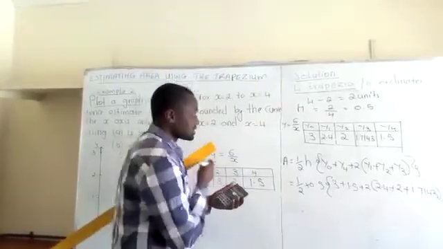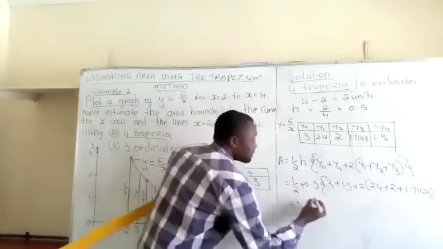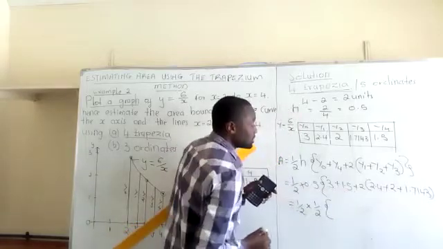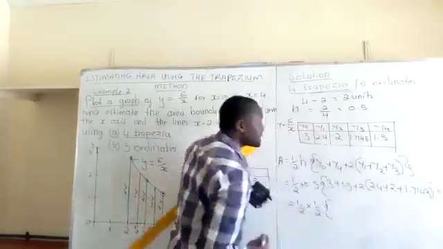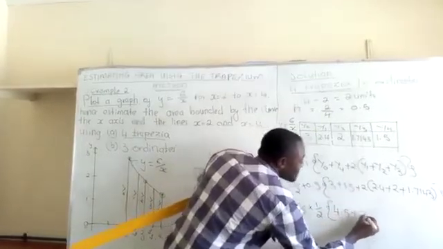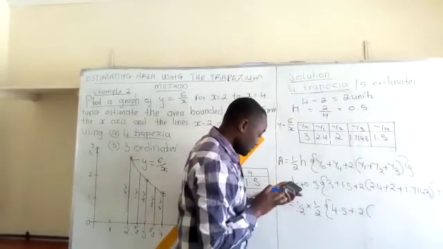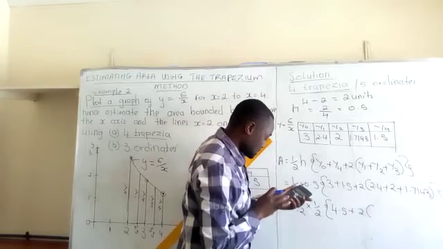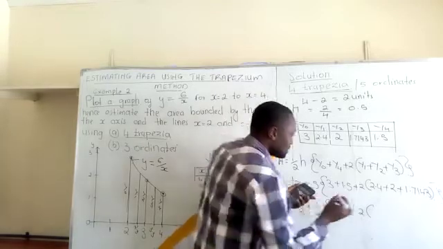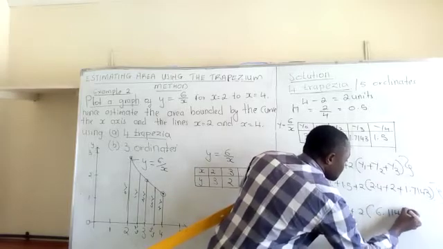And this is a half times, note that 0.5 is a half, into 3 plus 1.5, we need to close that bracket, 3 plus 1.5, that is 4.5, plus twice into, we total this, that is 2.4 plus 2 plus 1.7143 to give us 6.1143.